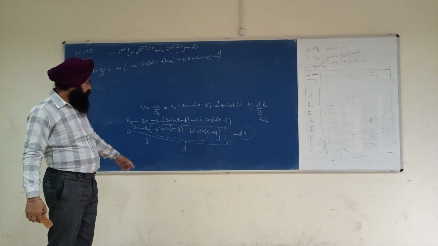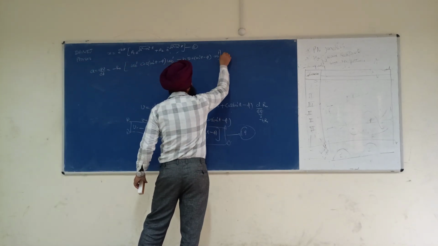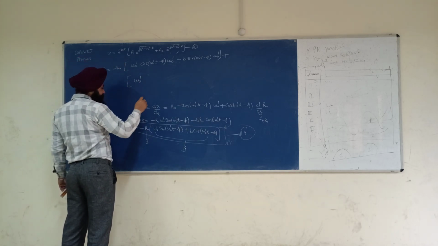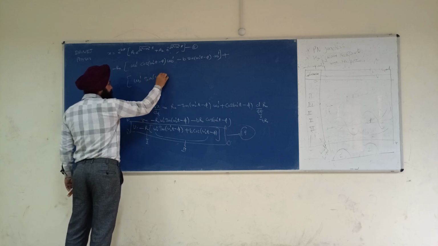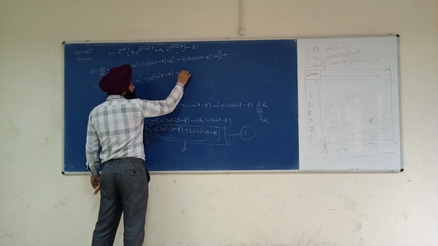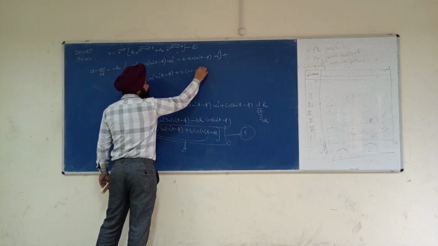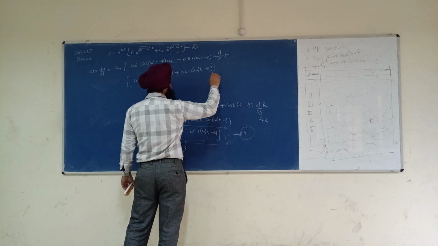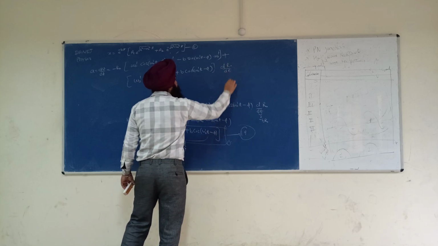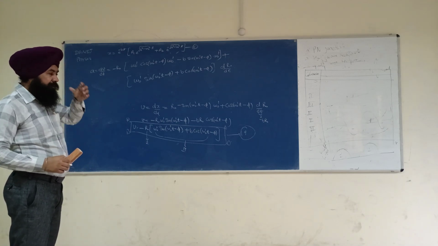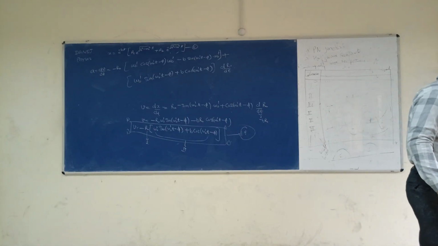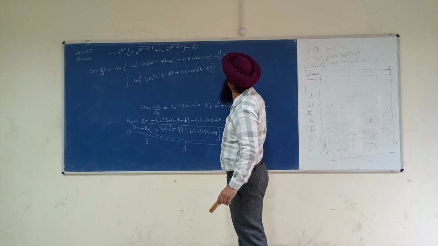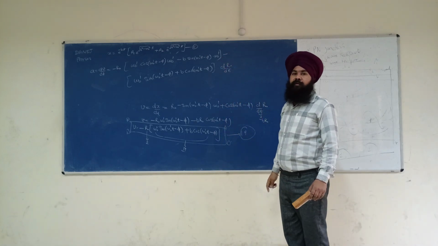Now take the other term as it is, plus omega naught prime sin of omega naught prime t minus phi plus b cos of omega naught prime t minus phi, into the derivative, and it will become a minus because this sign is minus.